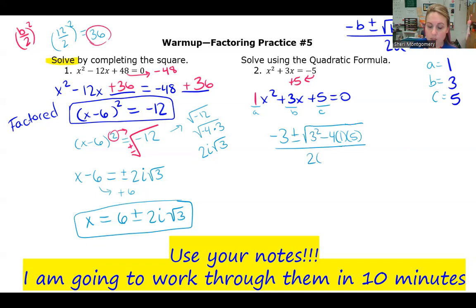All over 2 times 1. And I forgot to mention that this is x equals. What we're solving for is x, every time. Quadratics, what are you looking for? You're looking for the x's. What does x equal? Questions with how I filled in the formula?